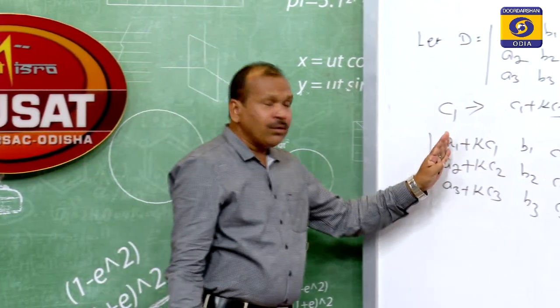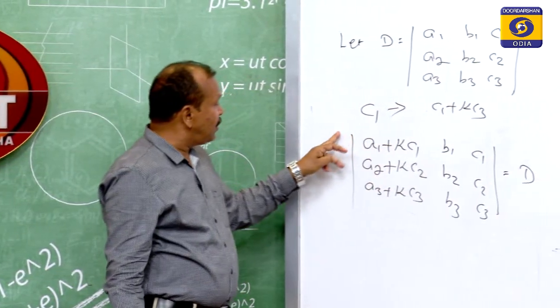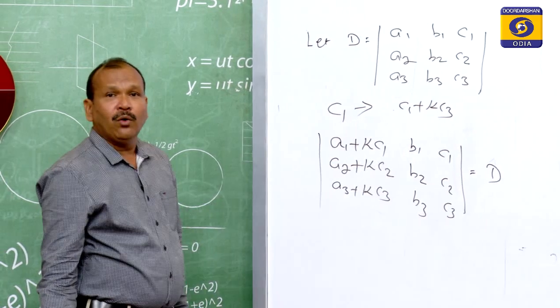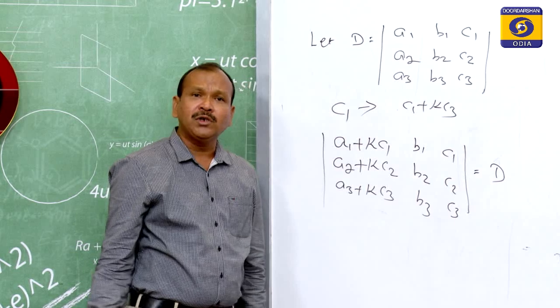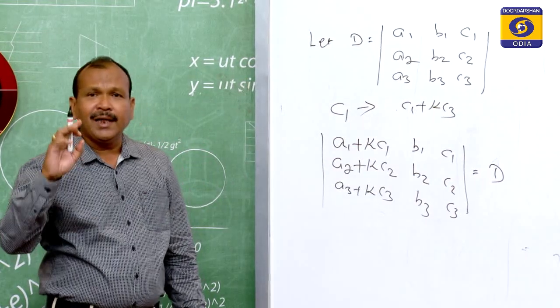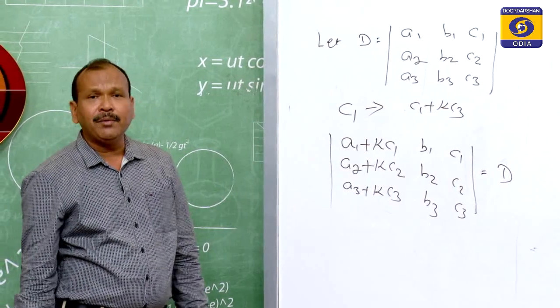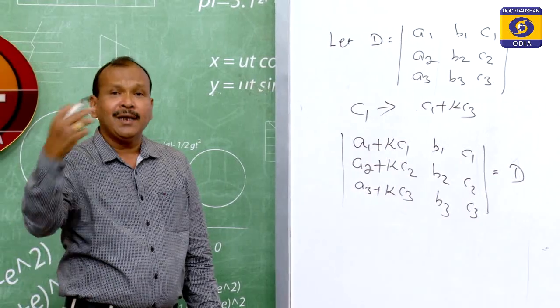How? By the last property, if any one of the columns or rows is a sum of two elements, then this determinant can be written as a sum of determinants.